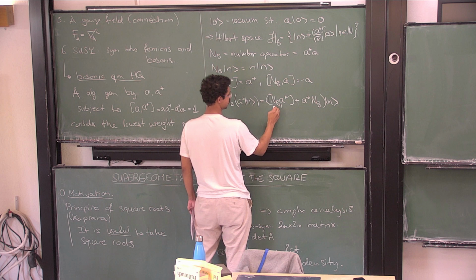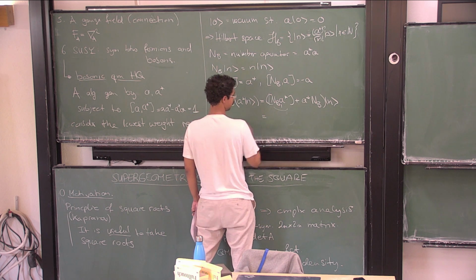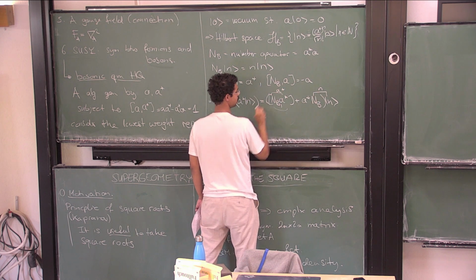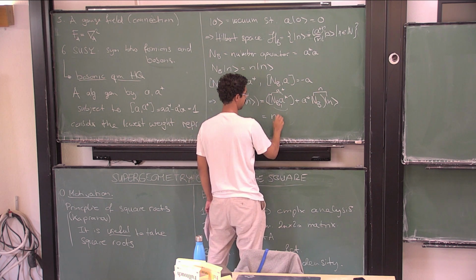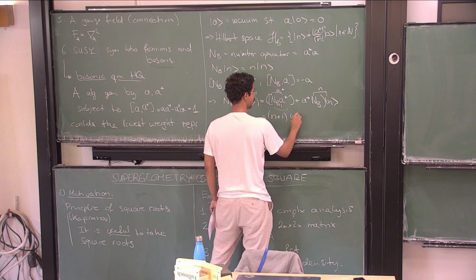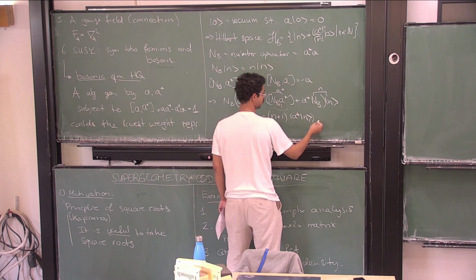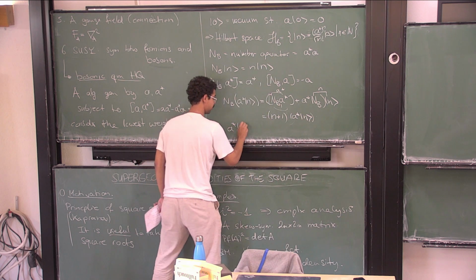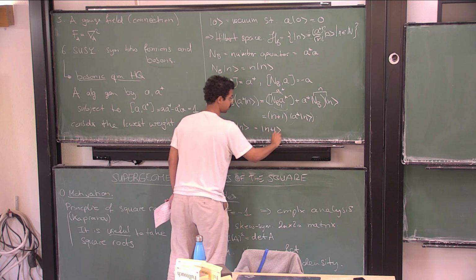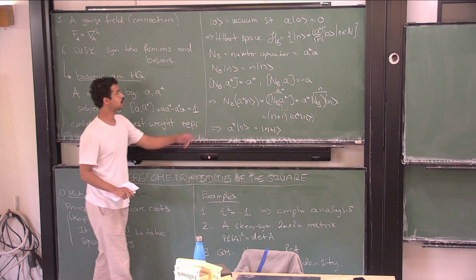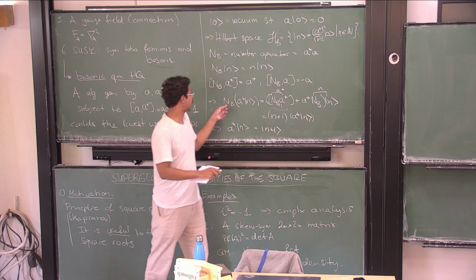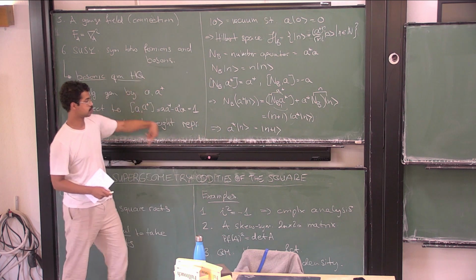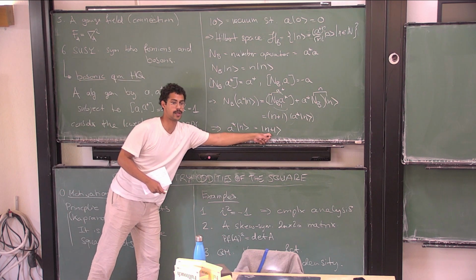So this gives you n, this gives you A star. Essentially you have n plus 1 times A star of n, which would mean that A star of n should be n plus 1. Similarly, if you apply A on n using this commutation relation in the exact same manner, you can show that you go lower, to n minus 1.